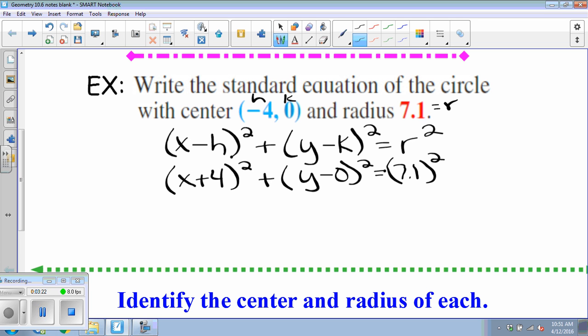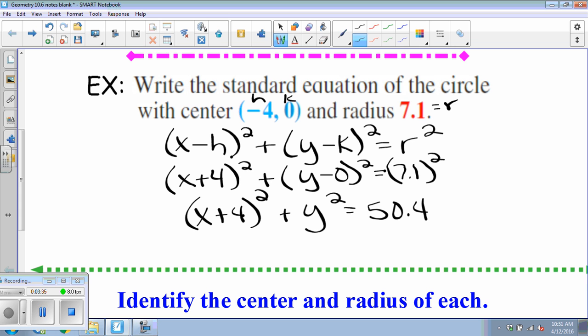So that 0 is not necessary. What you will see is x plus 4 squared plus y squared equals, and then 7.1 squared is 50.41. This is what it'll look like.